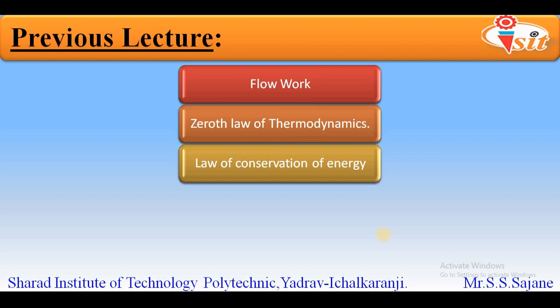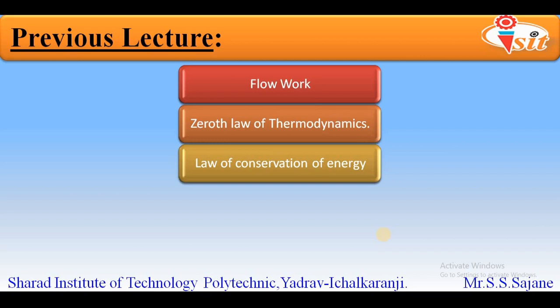When the car reaches the bottom, its kinetic energy will be maximum, while the potential energy at the same time will be minimum. So this was the example given related to the law of conservation of energy. We also saw the equation for the same, that is total energy is the summation of internal energy and work as well as heat.